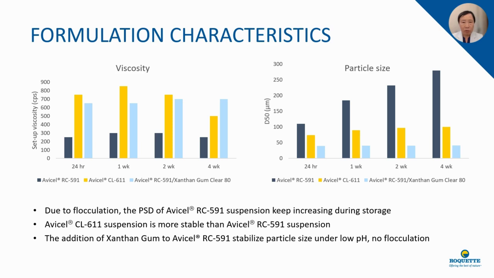So for low pH suspension, typically Avicel CL611 is a better choice than Avicel RC591. But if Avicel RC591 is selected, a protective colloid like xanthan gum can effectively help to prevent flocculation and ensure a robust formulation.